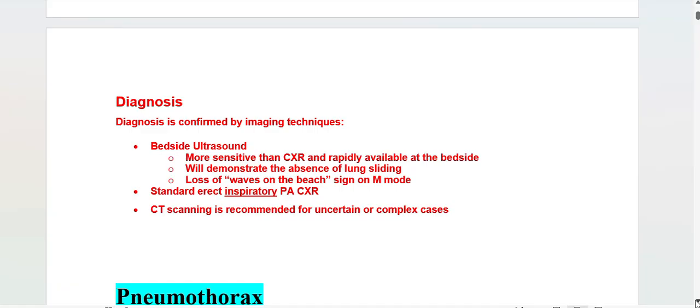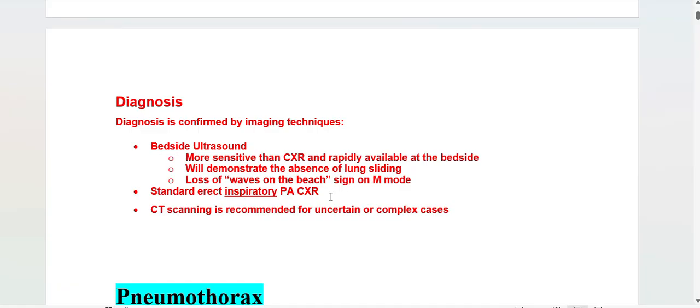But if during the exam they ask about the initial investigation in a case of tension pneumothorax, we can do the ultrasound, right? Bedside ultrasound is more sensitive than X-ray and rapidly available at the bedside. It will demonstrate the absence of lung sliding and loss of the waves on the beach sign on M-mode.